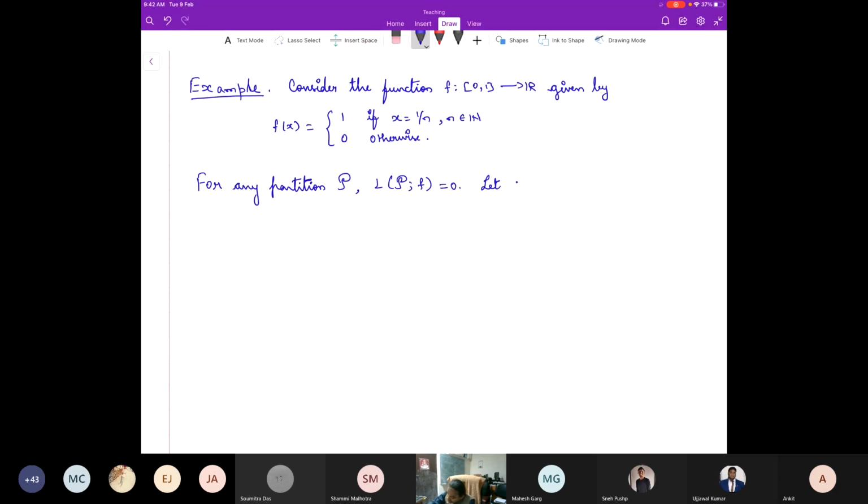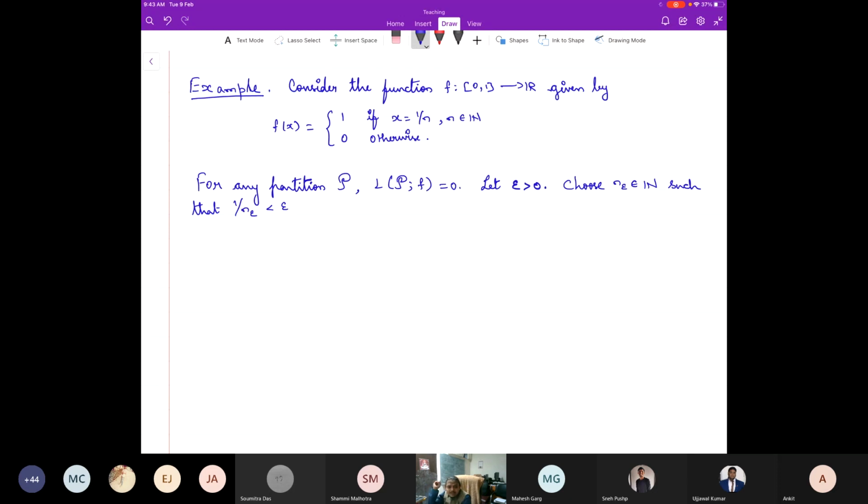So let epsilon be greater than 0, and then choose n_epsilon, because this n depends on epsilon, such that 1/n_epsilon is less than epsilon.